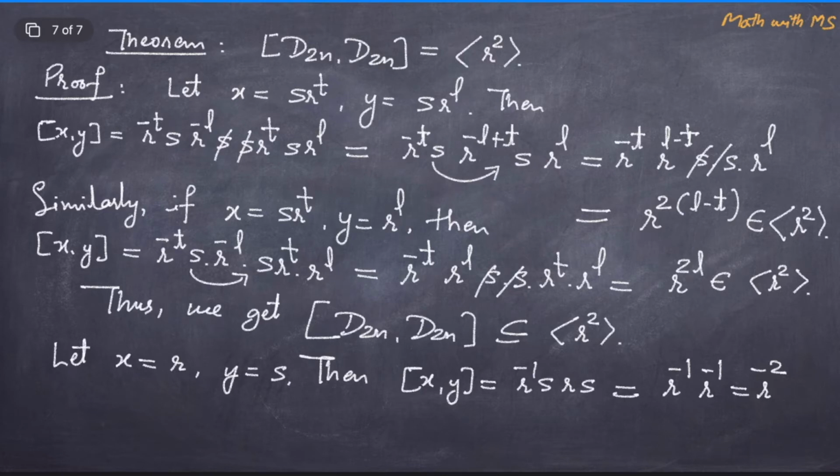Notice that if you have a generator of a cyclic group, then its inverse is also a generator, right. So, we have shown that R to the power minus 2 is a commutator. Hence it follows that the commutator subgroup of the dihedral group D2n is precisely the cyclic subgroup generated by R square.